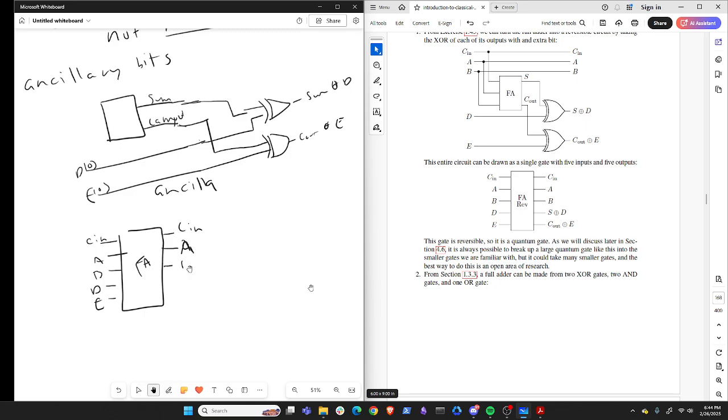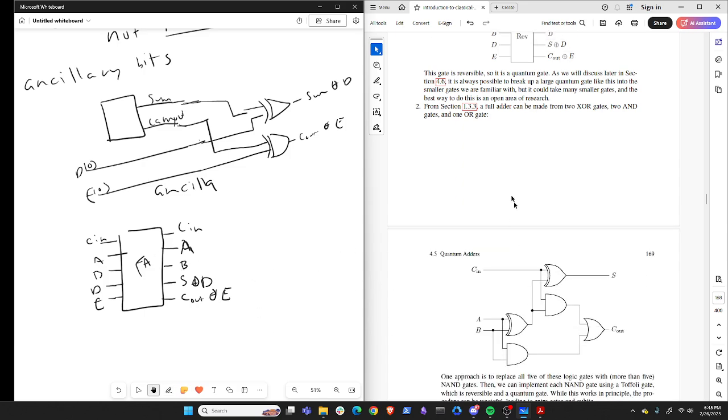I'm not really sure why that's a rule, but S XORed with D, and our C out XORed with E, and now we can put all these together into a ripple.